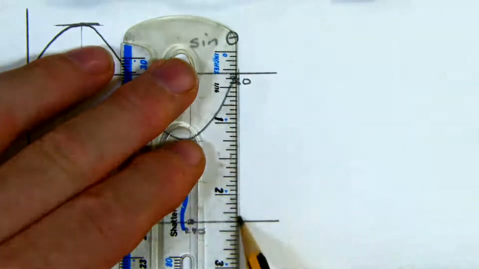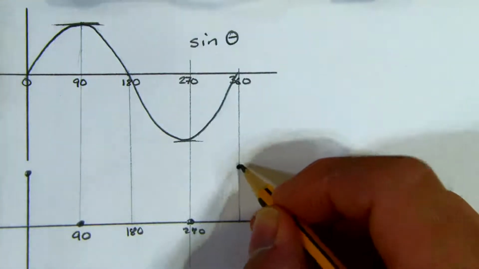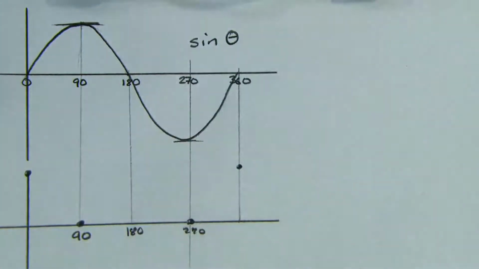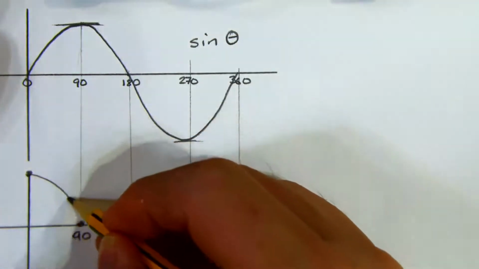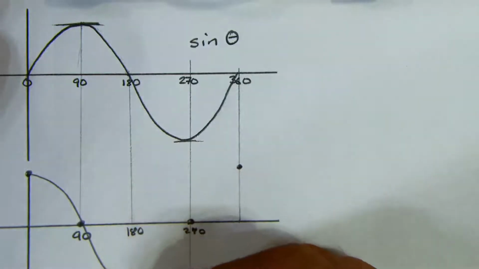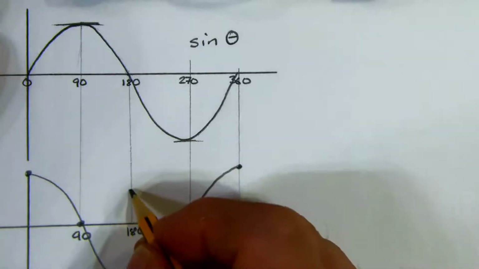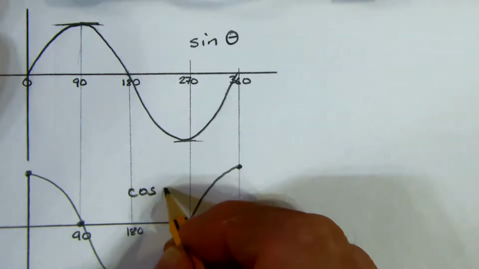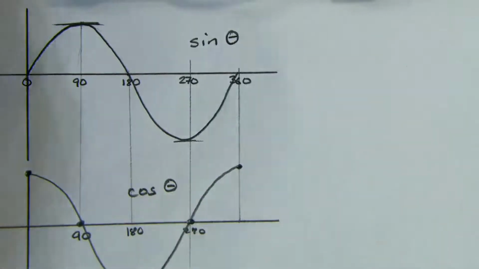Let's just draw this one in. We haven't plotted all the other points, but if we were to try and do this, we would see that we've got something which is approaching a cos curve.